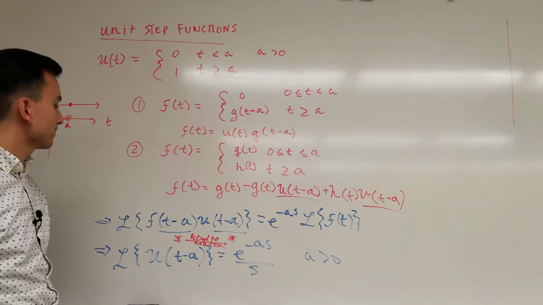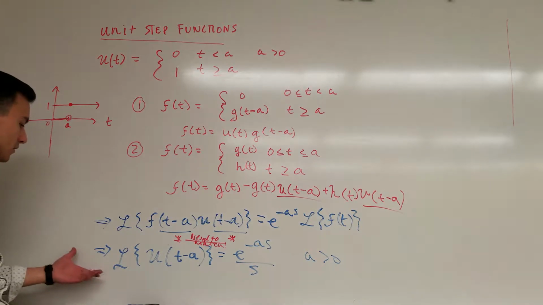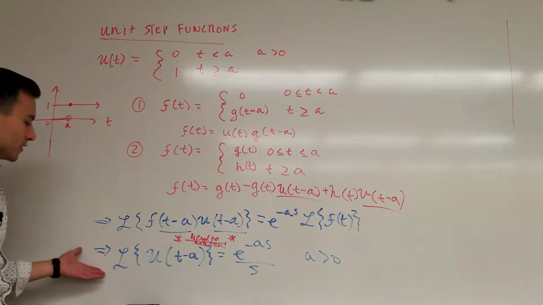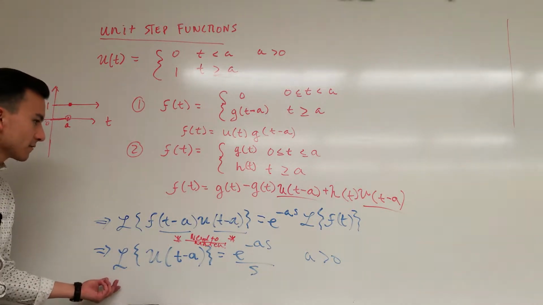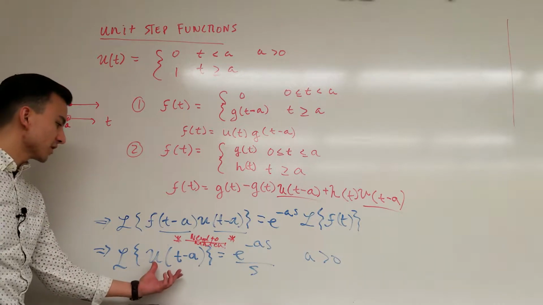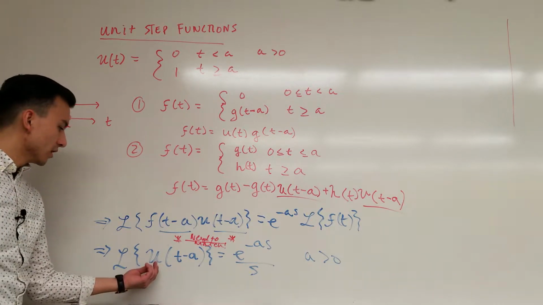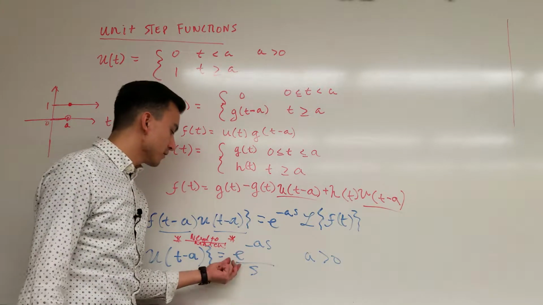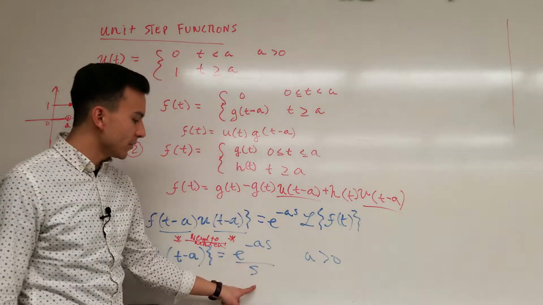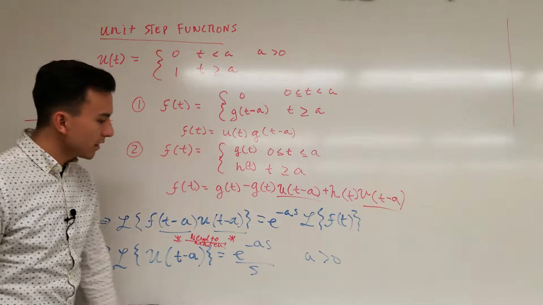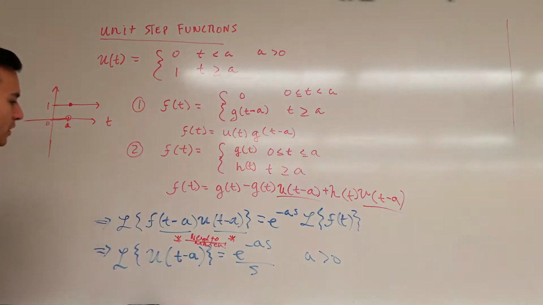Okay? One thing you have to consider is that the Laplace of the unit step function is equal to e to the negative as divided by s, where a is greater than 0. All right? So these are two equations that you do have to remember for unit step functions.